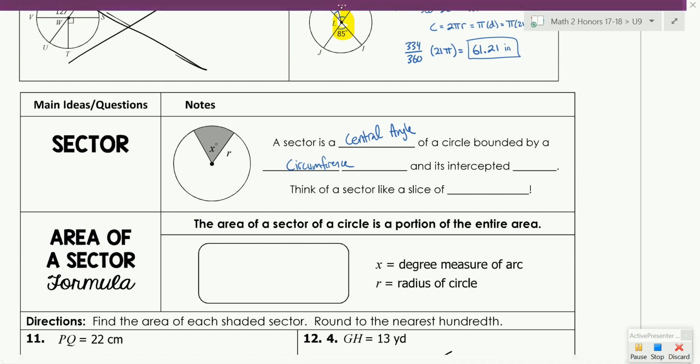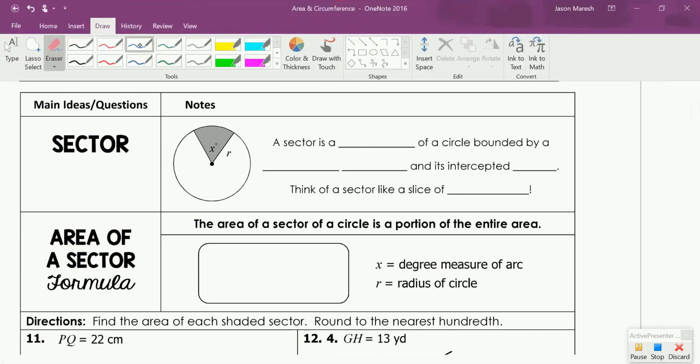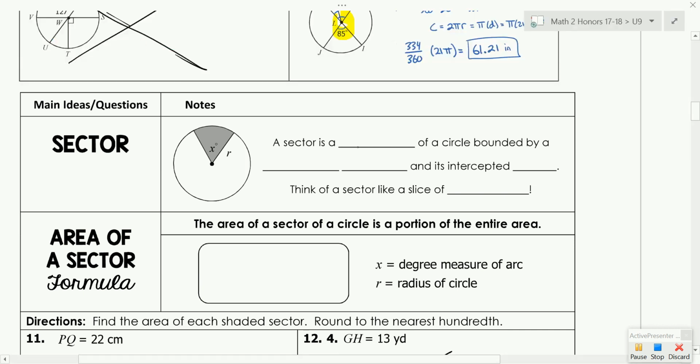Actually, let's rephrase this. I probably put the words in the wrong place. Let's try this. A sector is a part of a circle bounded by a central angle and its intercepted arc. That works better, huh? And think of a sector like a slice of pie.